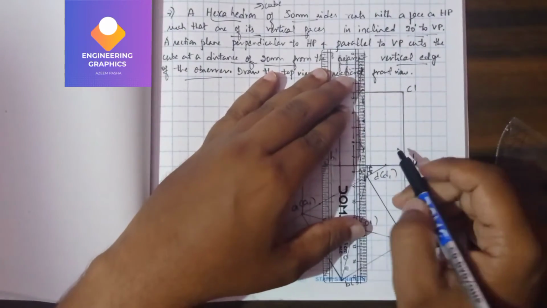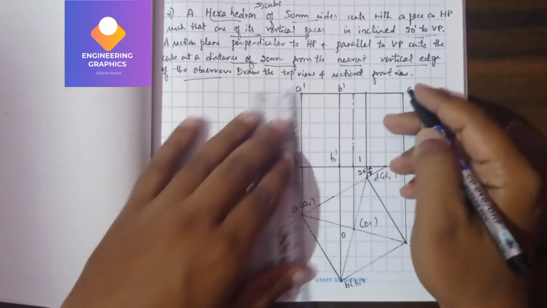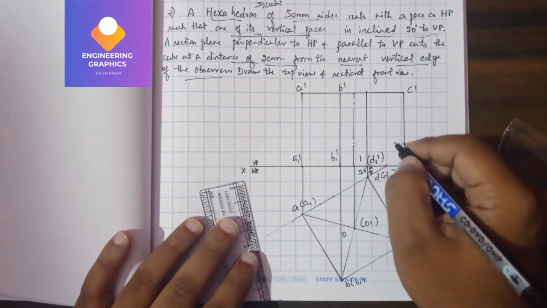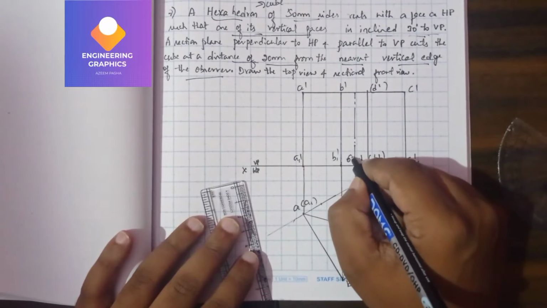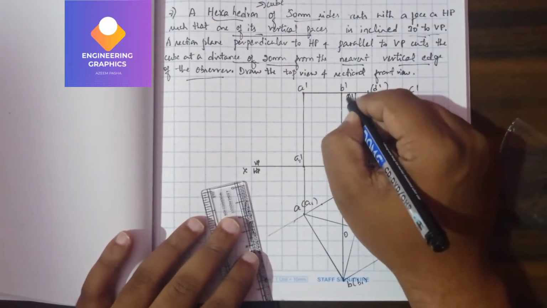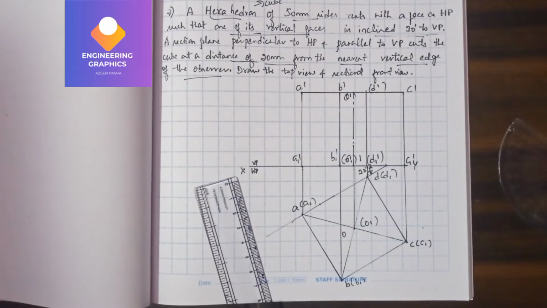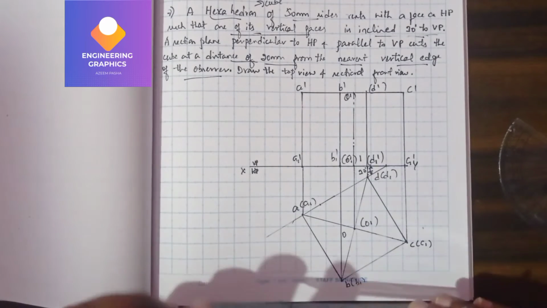And here there is another line, D1 dash and D dash. These things are not visible. O1 dash and O dash are also not visible.